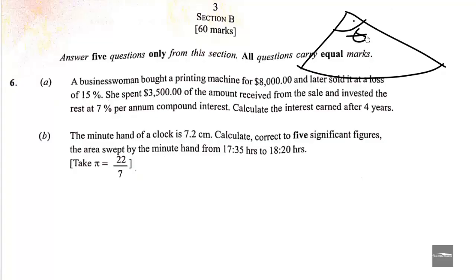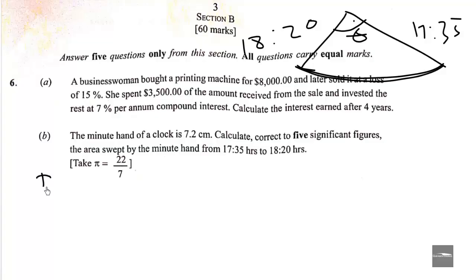When it sweeps the whole clock, the angle there will be 360, but because it is moving from 1735 to 1820, we need to calculate that angular difference. First, let's calculate the hour difference or the minute difference.